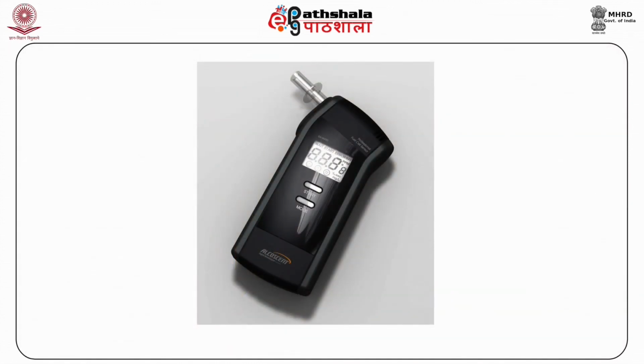This gave rise to a need for an instrument which could overcome this problem. Breath alcohol testing devices serve a very useful purpose as they use a sample which is easily obtainable, along with a rapid and accurate result.